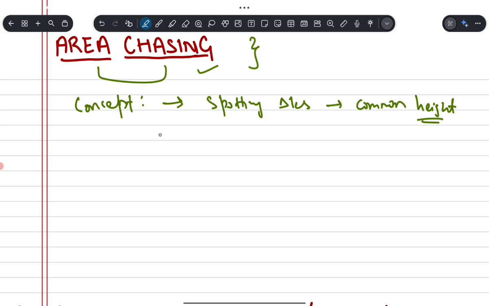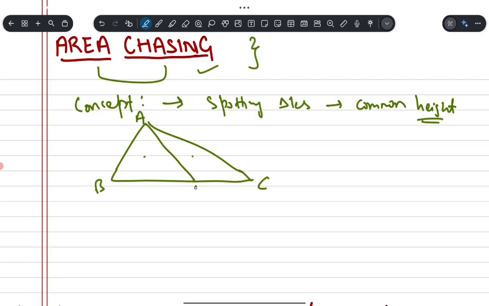How do we do this? Let's say this is a triangle ABC, and there are two triangles inside it. So we are interested in the areas of these two triangles. Notice that in those sort of problems, they always ask for ratios, like the area of ABD by the area of ADC, right?